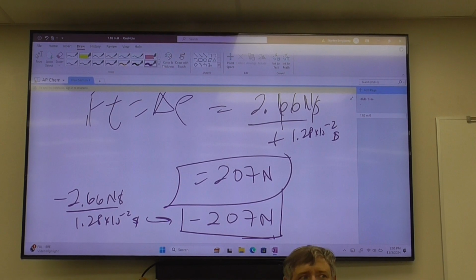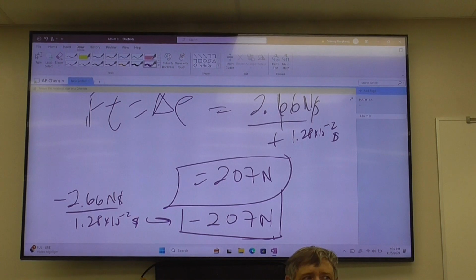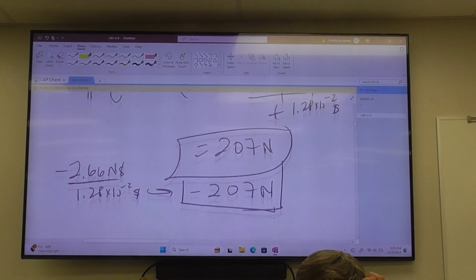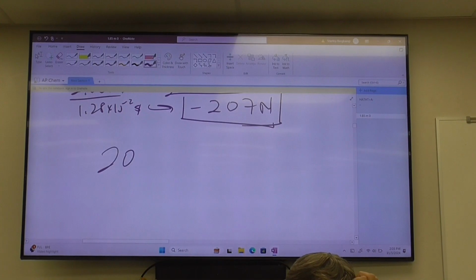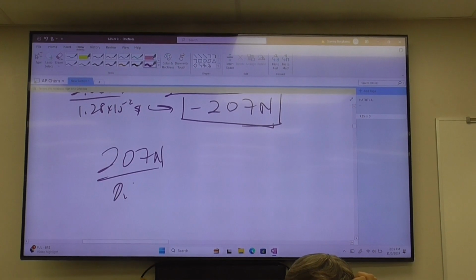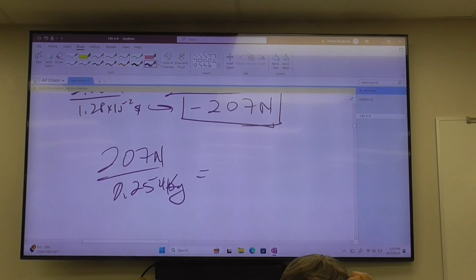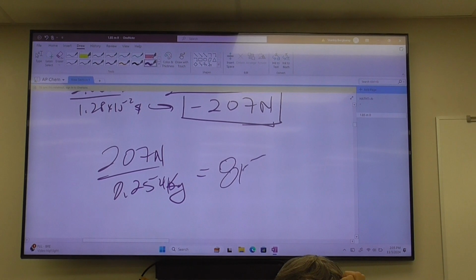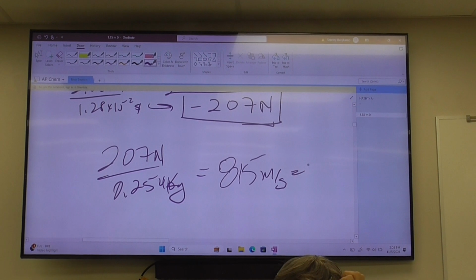So what are you going to do? Divide the force by the mass. Yeah. So I'm going to take 207 newtons and divide it by 0.254 kilograms. And you're going to get like 800 and some. 815. 815 meters per second squared.